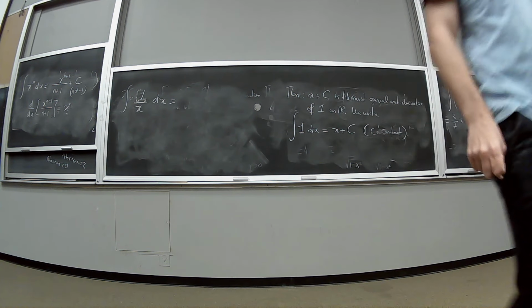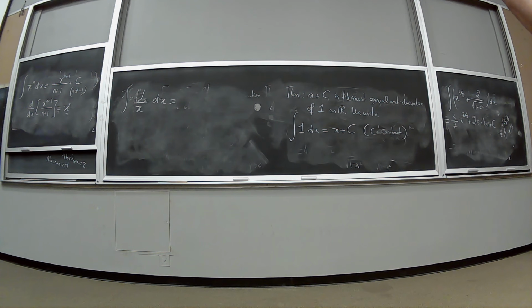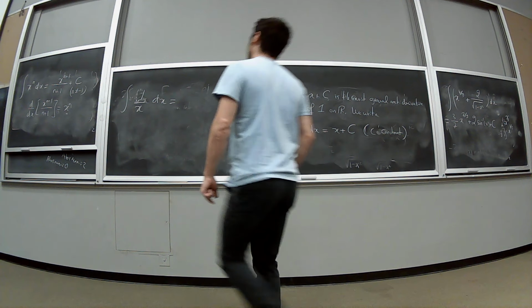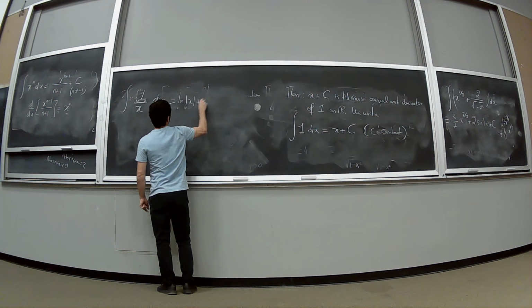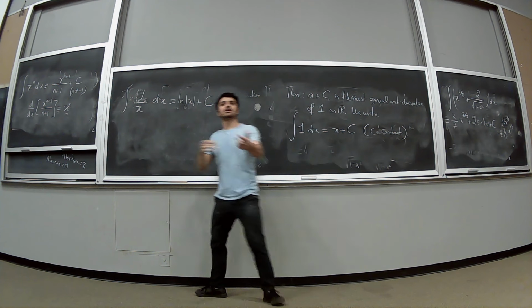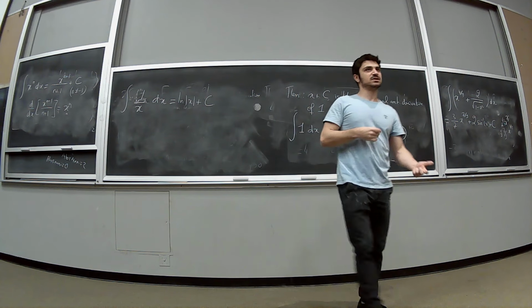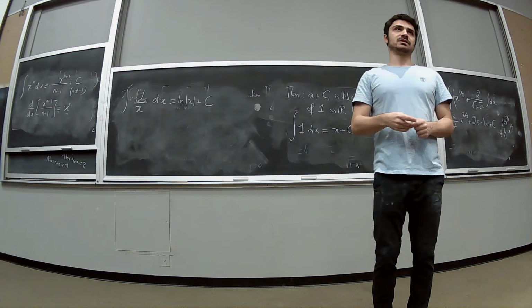Everybody? It must be a ln, right? Now notice that if x is negative, ln of minus x, which is defined for negative values of x, also has derivative 1 over x, right? So really the most general antiderivative of 1 over x is ln of absolute value of x plus c, depending on the interval you consider, whether this interval is 0 to infinity, or minus infinity to 0.